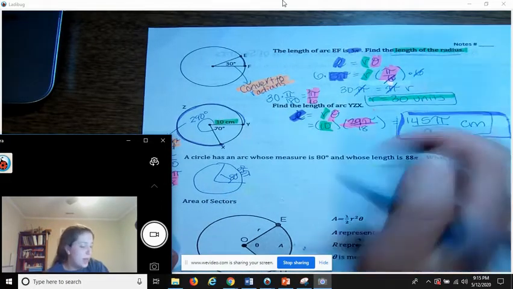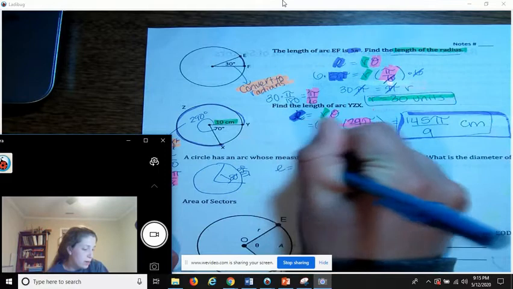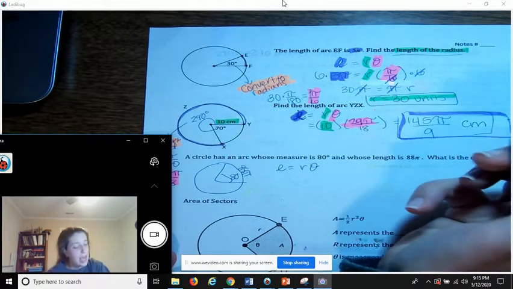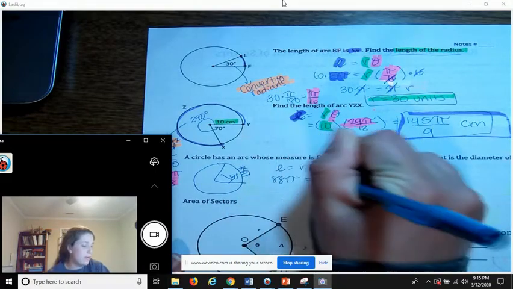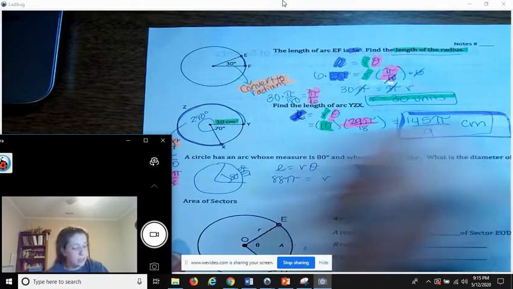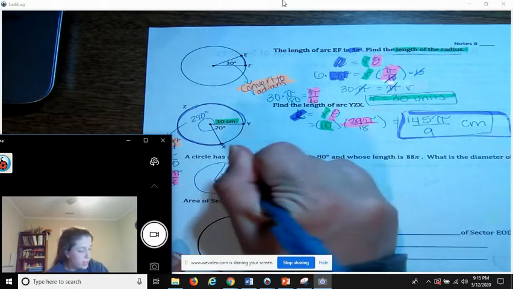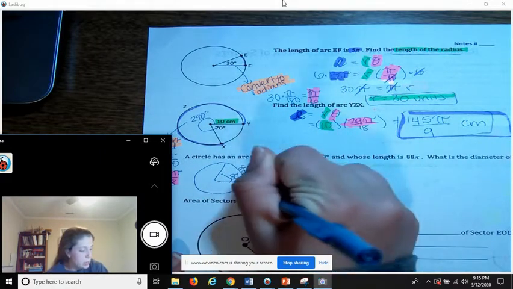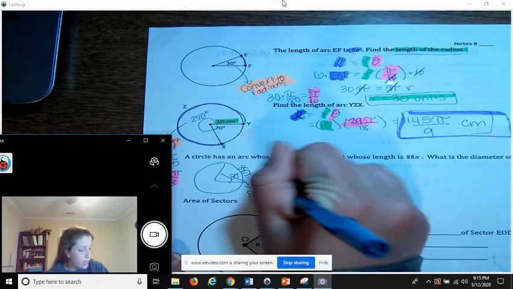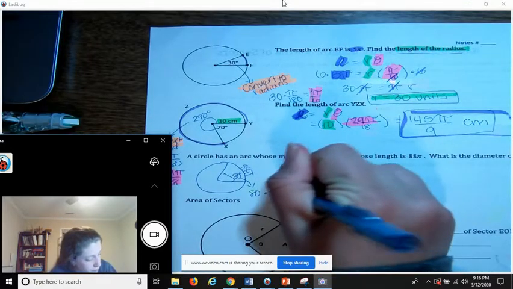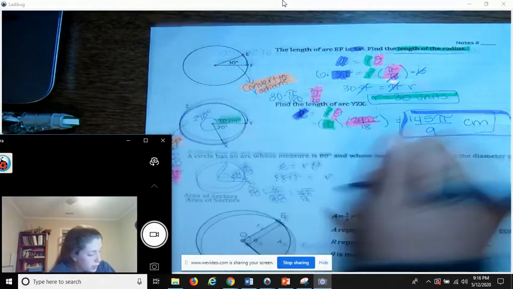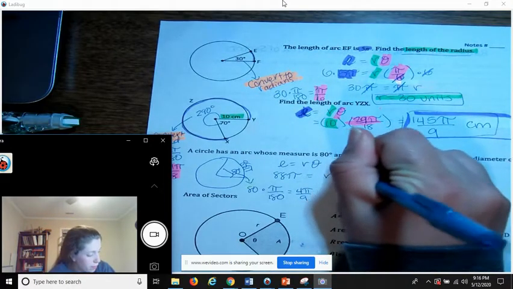So we have length equals r theta. Our arc length we said was 88 pi. We're looking for our r, and our theta we need to convert. So 80 times pi over 180. 80 divided by 180 is 4 pi over 9. So multiply this by 4 pi over 9.